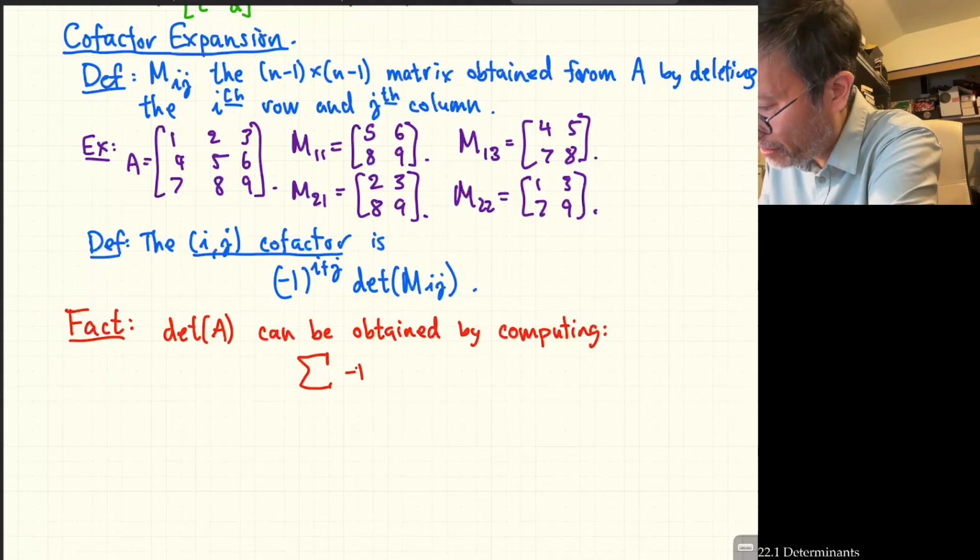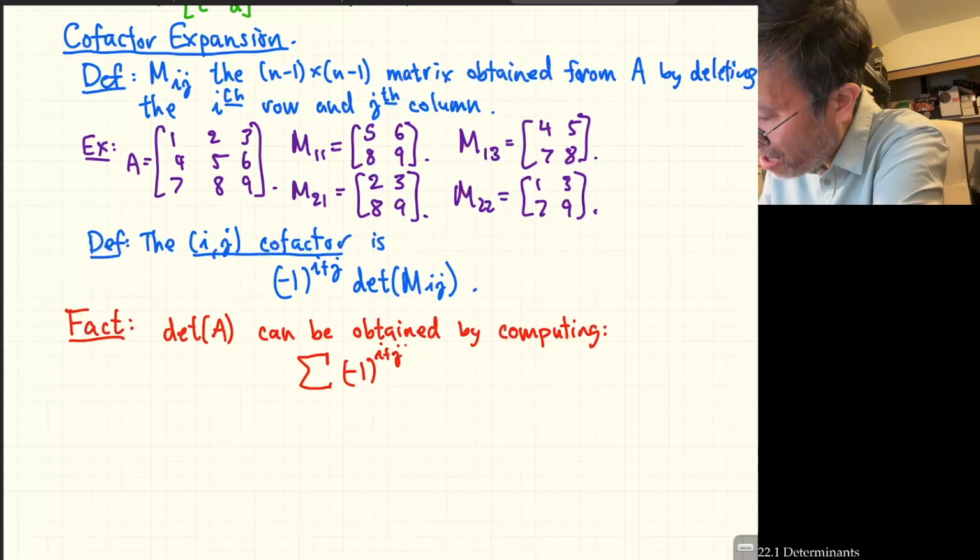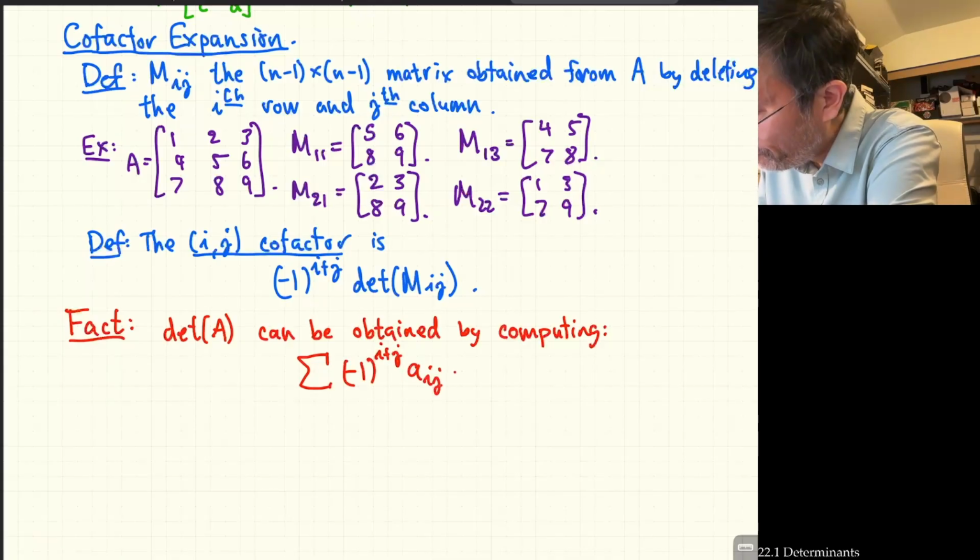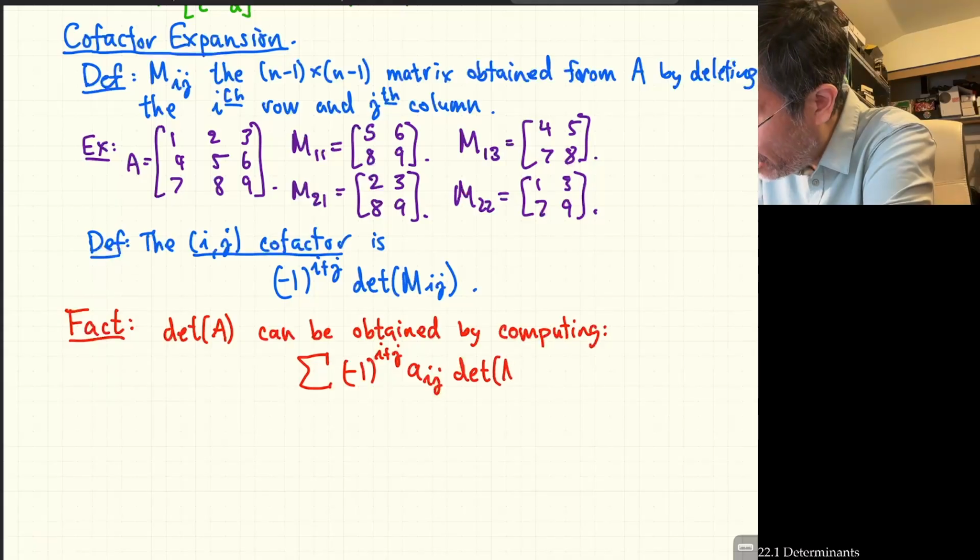So negative 1, maybe I'll write it like this: negative 1 to the i plus j times aij times the determinant of Mij.